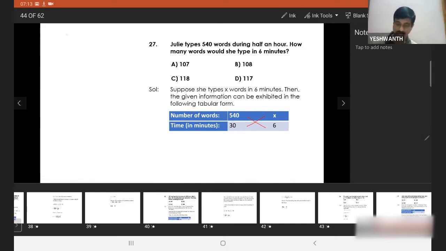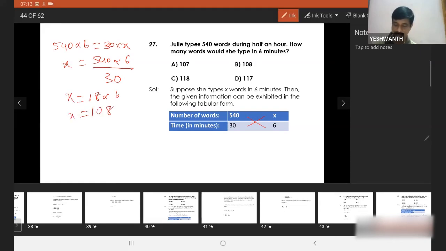So 540 into 6 equals 30 into X. So X equals 540 into 6 by 30. So this is 3 ones 3, 3 eights 24 into 6. So 48, 6 1s 6, 16 plus 4, 10, 108 words. So in 6 minutes, she will be typing 108 words.